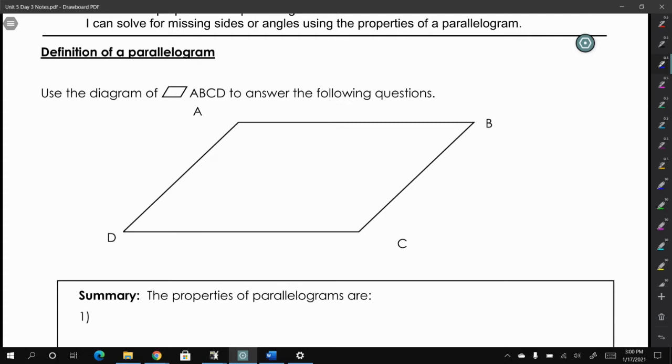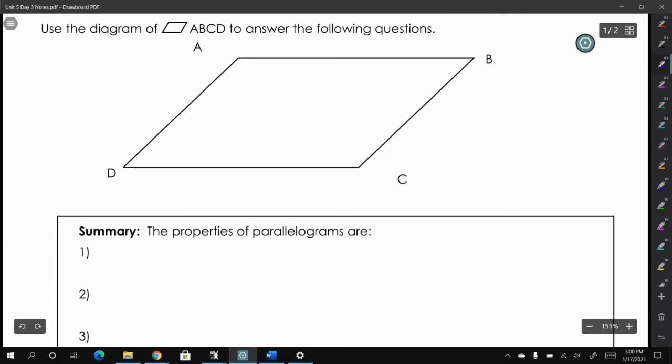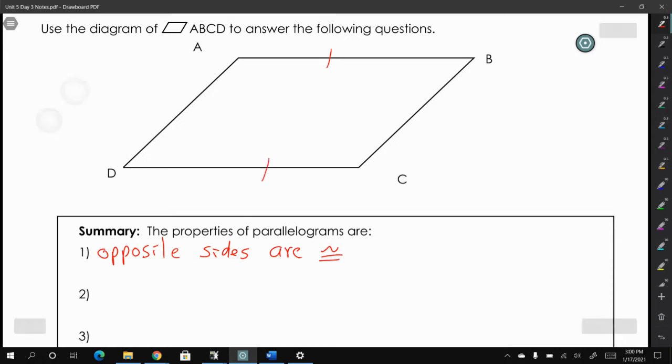So the first property that we should address is that the opposite sides are congruent. That means AB and DC are congruent, and AD and BC are congruent.